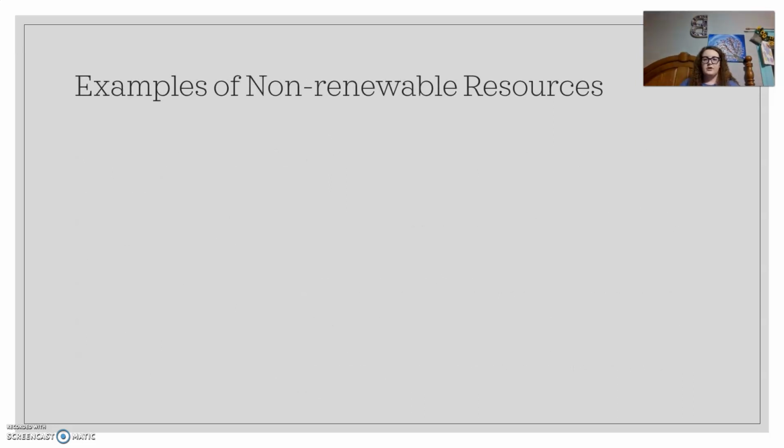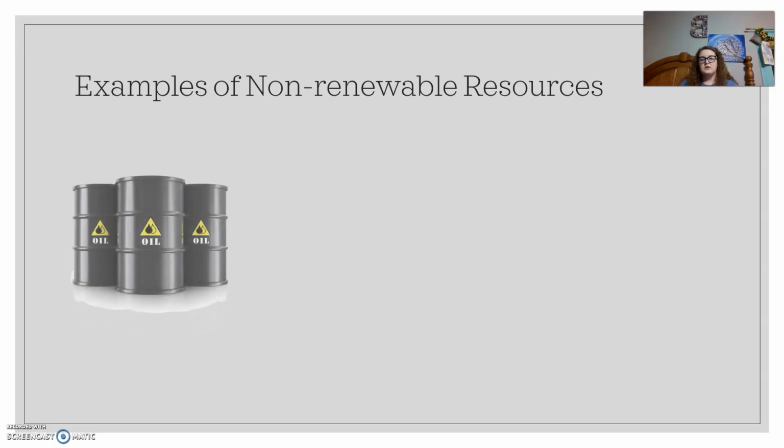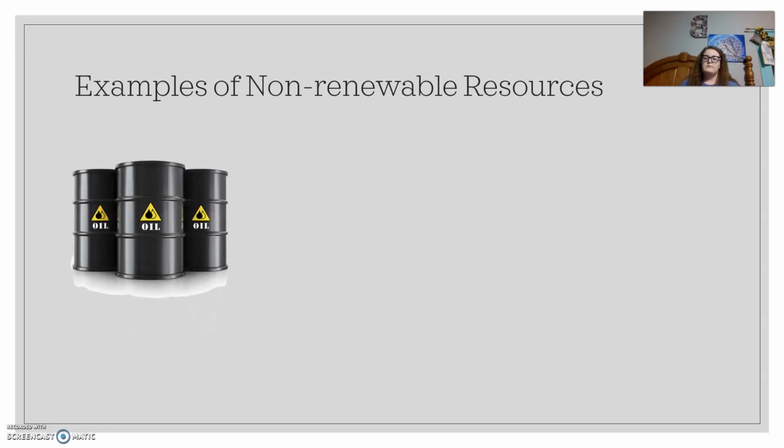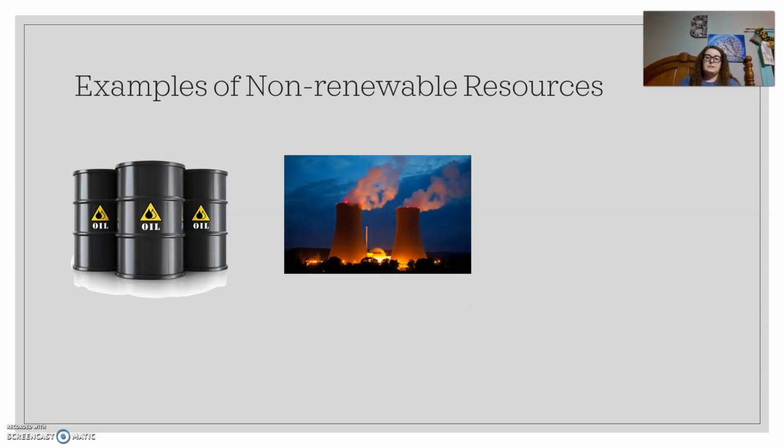Examples of non-renewable resources. Oil that can be drilled up from the ground. Nuclear power, which can be very harmful, and it produces harmful chemicals that are released into the air and atmosphere, and the particles they release.